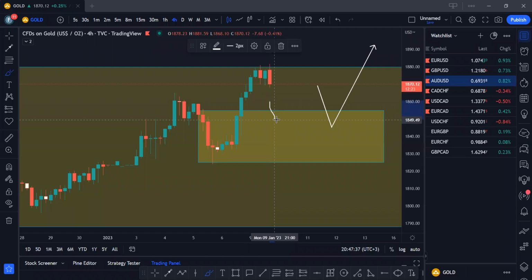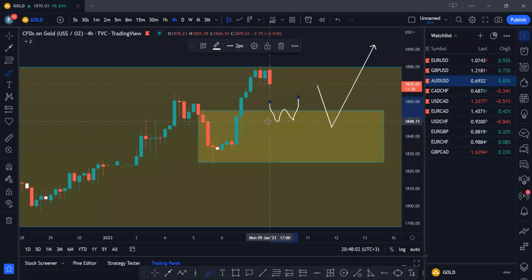You want to see activity of people buying here first. The easiest way to spot it is to look for double bottoms. When you see a double bottom happen like this, it is a signal that people have started buying. But you don't want to buy at the same time that other people are buying.